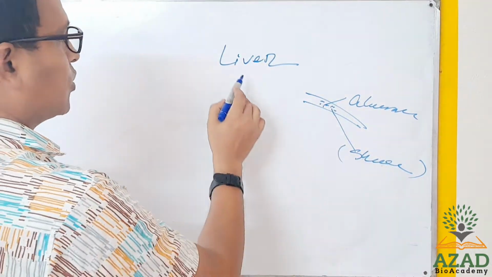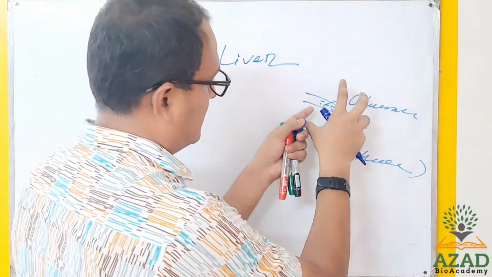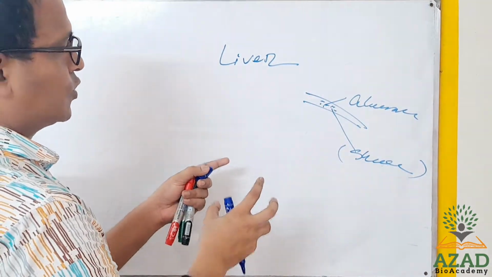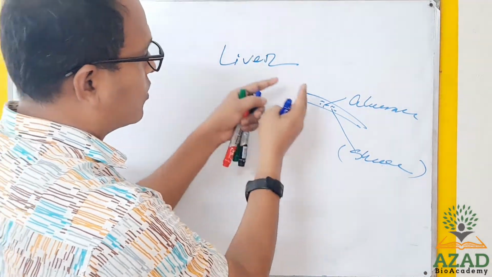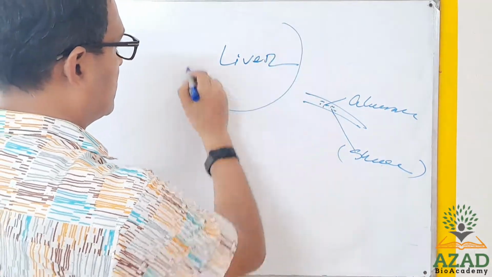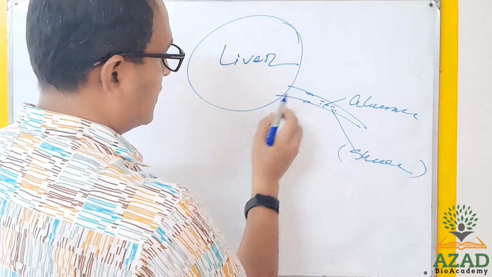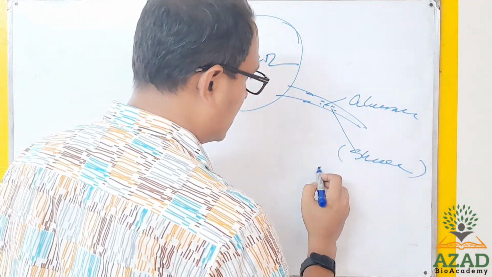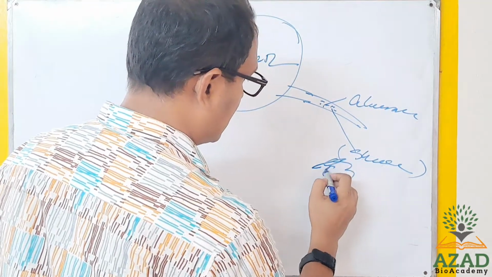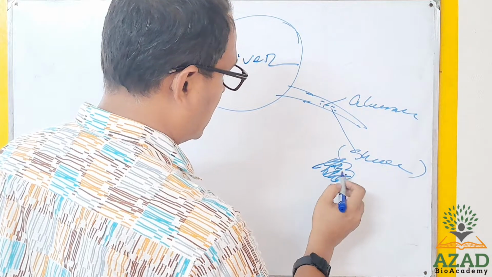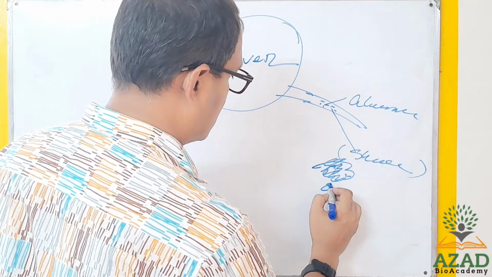So who will facilitate making more glucose in the blood? That would be the liver. And also, the skeletal muscle itself contains glycogen.